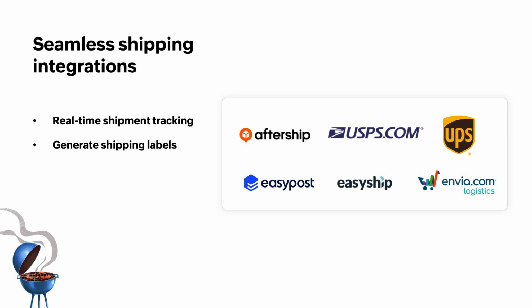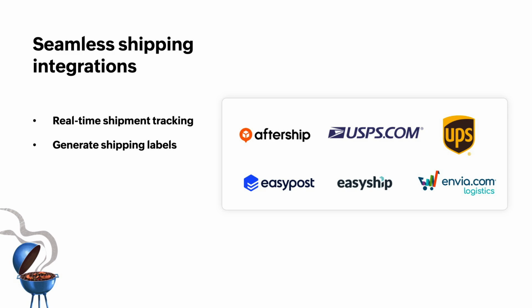And the last option is the most powerful option that we have: integrations with various shipping carriers. We directly integrate with UPS and USPS, and we also integrate with various shipping aggregators like EasyPost, ShipStation, Envia, through which we integrate with a set of other shipping carriers.